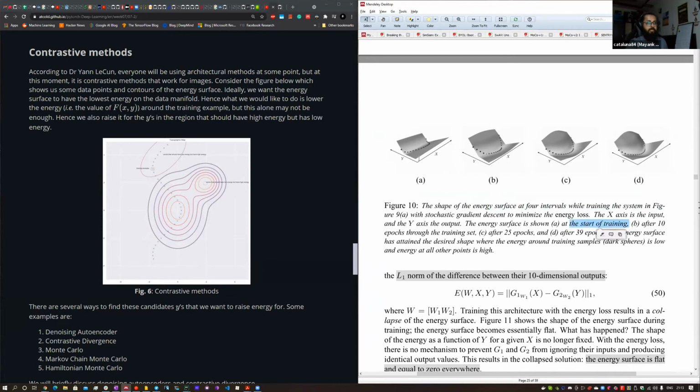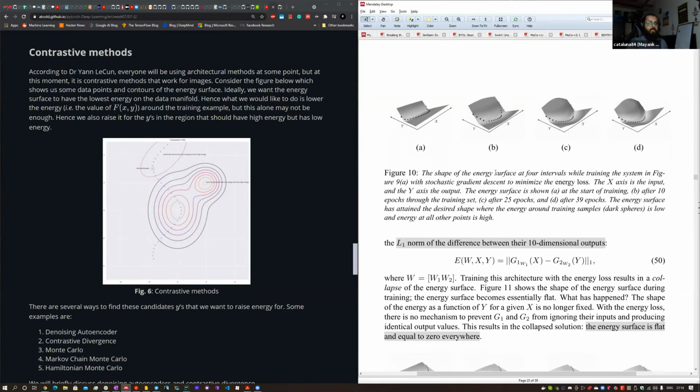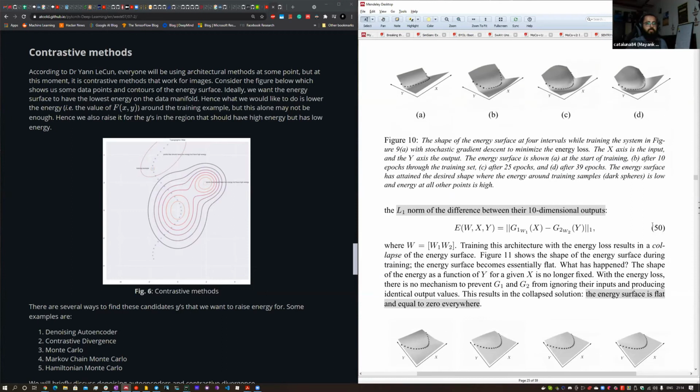At the start of the training, this is at A, after 10 epochs at B, after 25 epochs at C, and after 39 epochs at D. So the energy shape, how does it take the dark spheres and the low energy all around the point? This is the 3D representation of this.